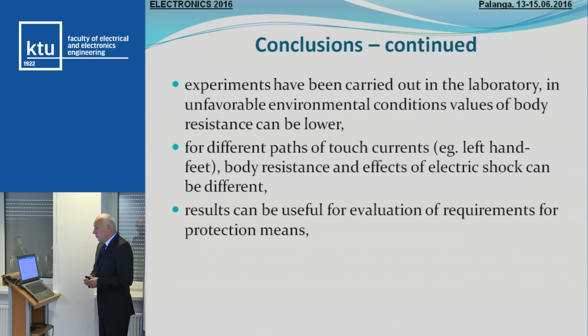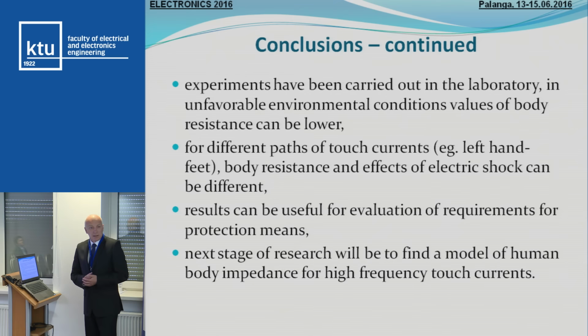The results we obtained can be useful for evaluation of requirements for protection means, and as I said, the next stage of research will be to find a model of human body impedance, this time for high frequency touch currents.